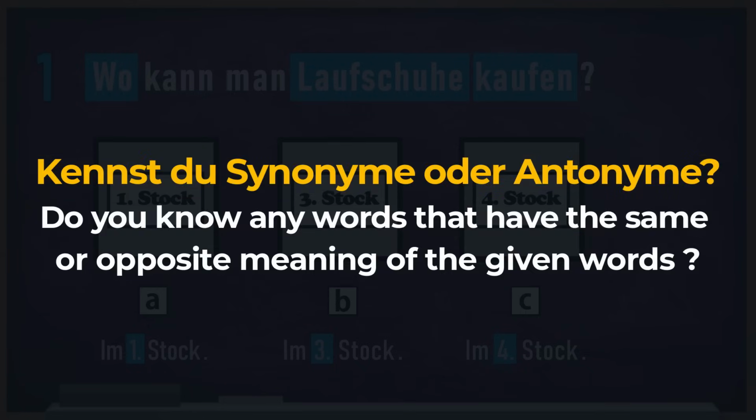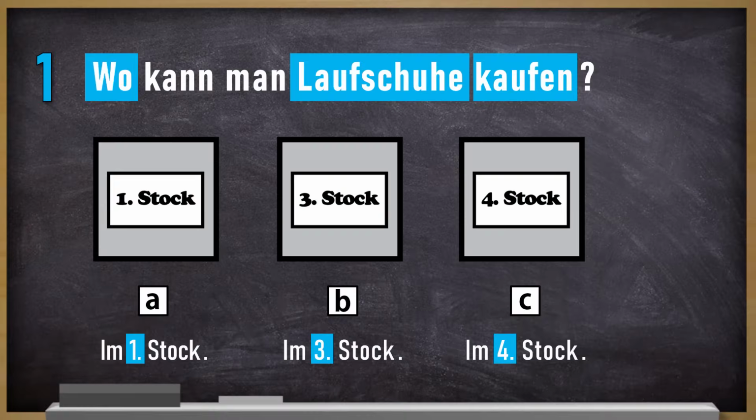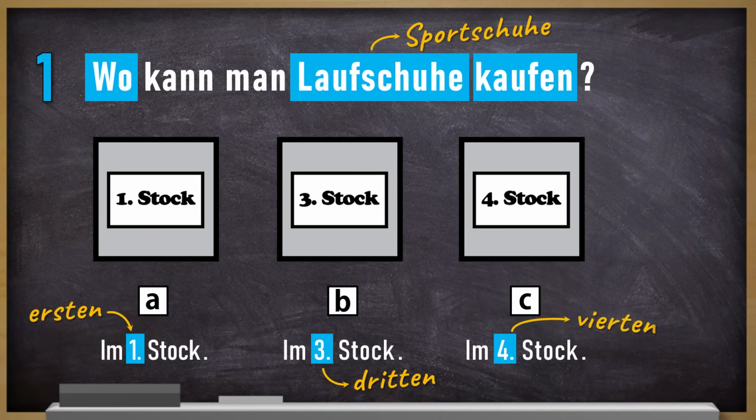Think of words that you know that have the same or the opposite meaning of the words given here. Anything that is related might help. For example, Laufschuhe. This is definitely related to Sport. And I know this word here, Sportschuhe. I would also write the ordinal numbers like you pronounce them. Ersten, dritten, vierten.